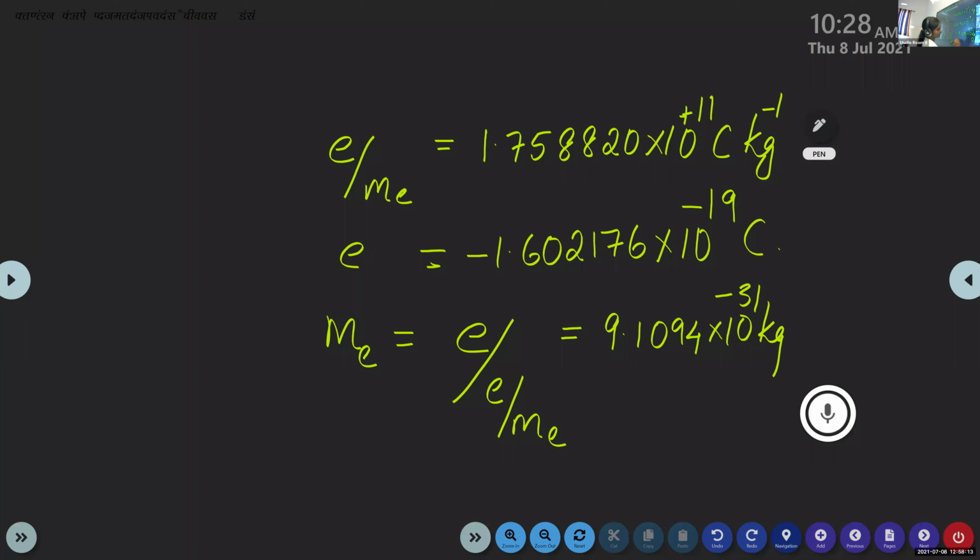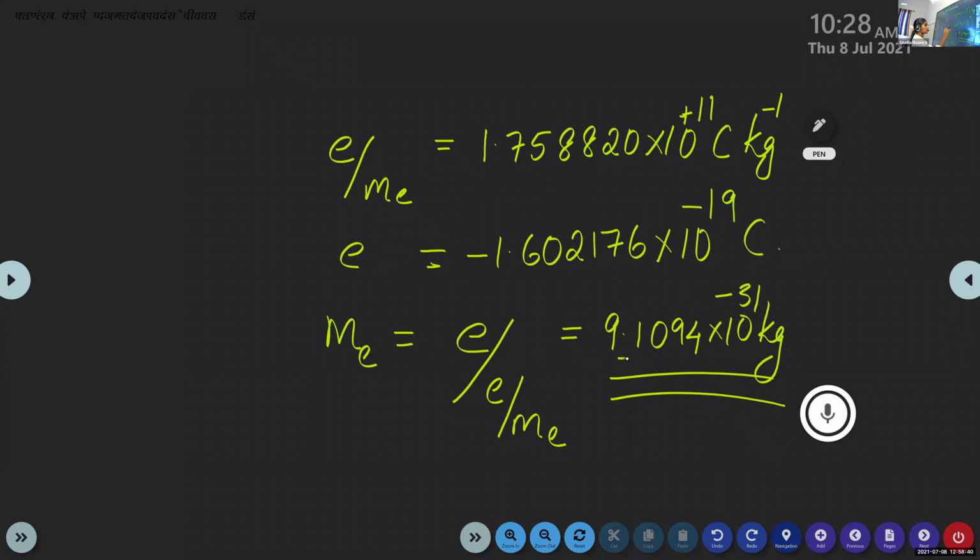This is the mass of an electron. In this case, we neglect the negative sign, because mass is always positive. Remember this value, 9.1, at least to 2 decimal places: 9.10 into 10 raised to minus 31 kilogram. That's the mass of an electron.